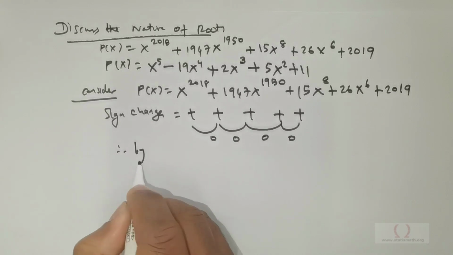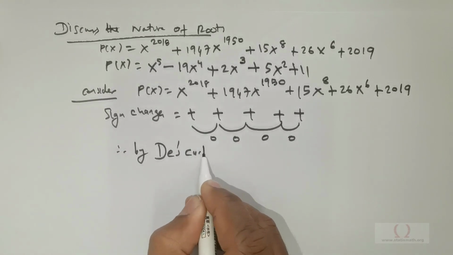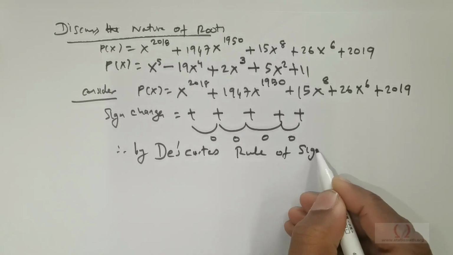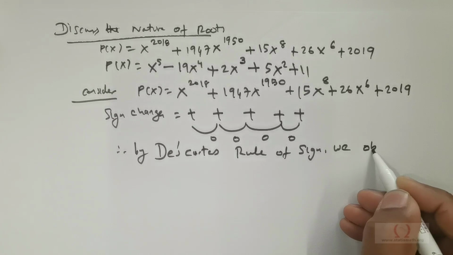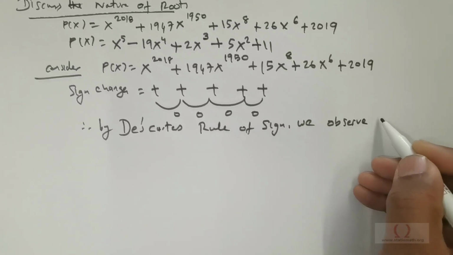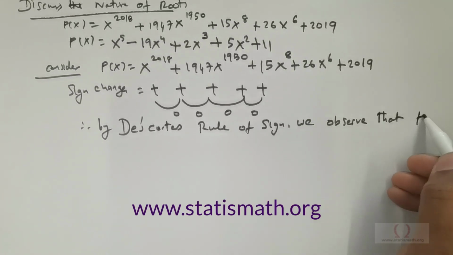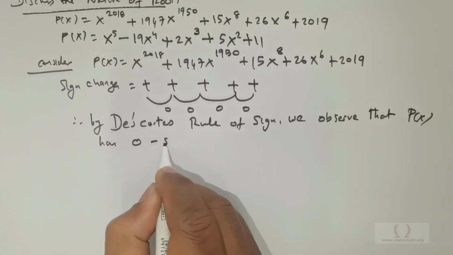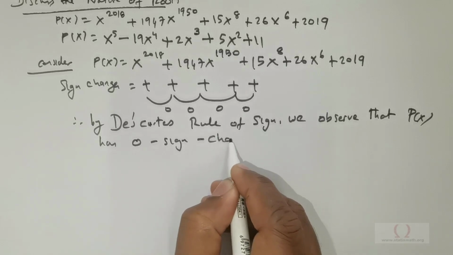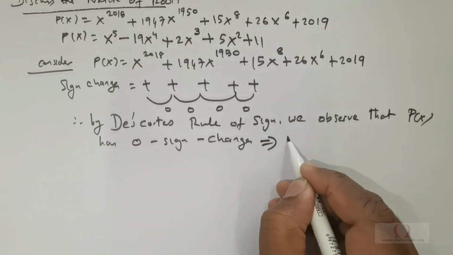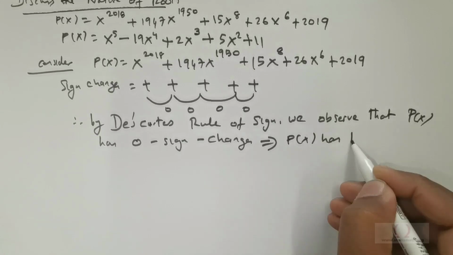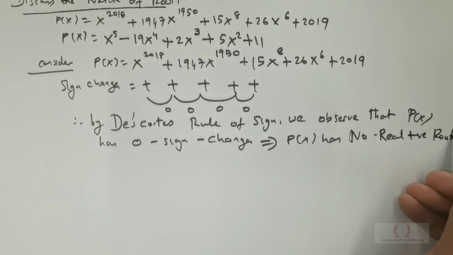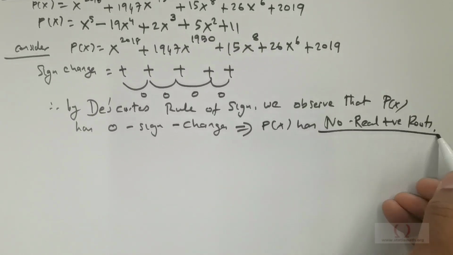So by Descartes' rule of signs, we observe that p of x has zero sign changes. So this means p of x has no real positive roots. So this is the conclusion.